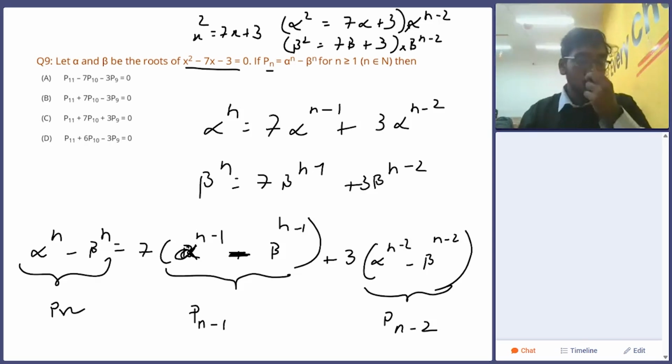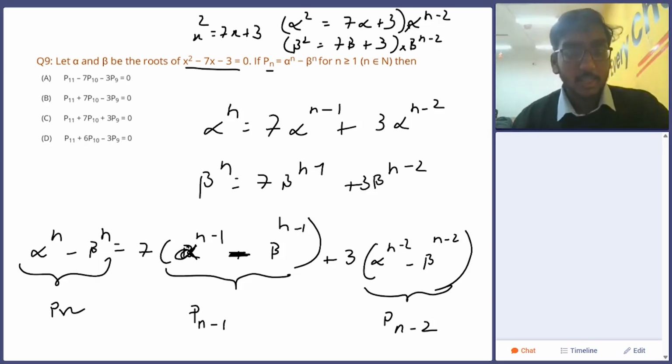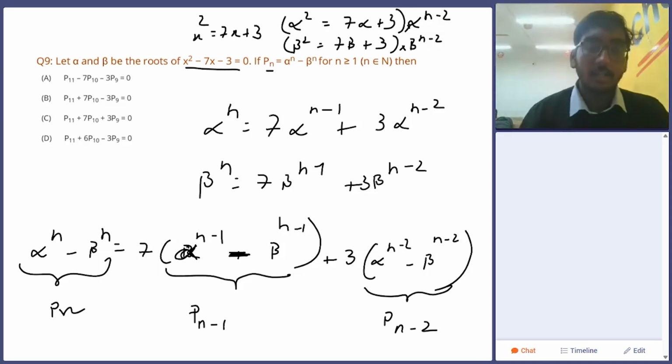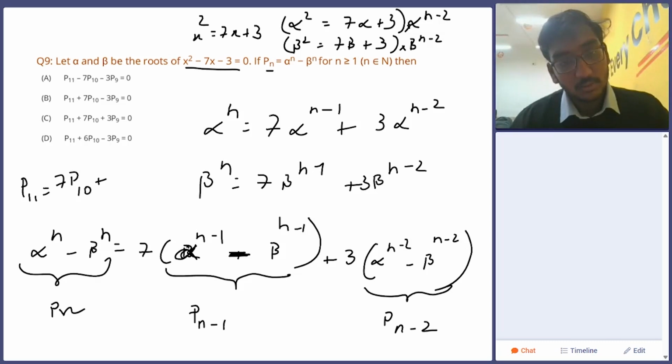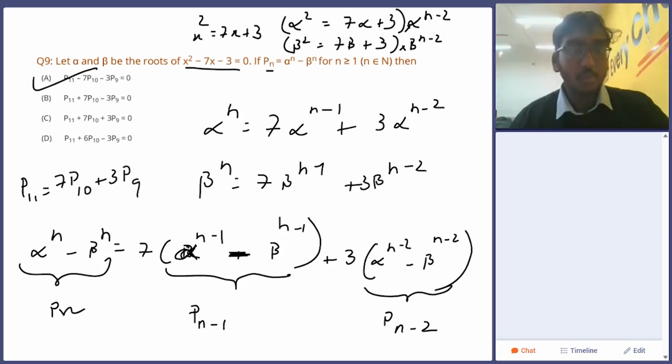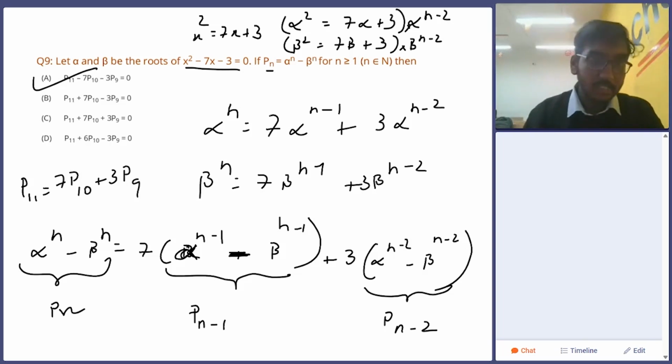Put n equal to 11 and check in this particular expression, because all the four options have the highest value of the subscript to be 11, right? So put n equal to 11 and check. You will get what? P11 equal to 7P10 plus 3P9, right? This is what you will be getting. So which among the following options will be correct? This particular option, okay? Yes.